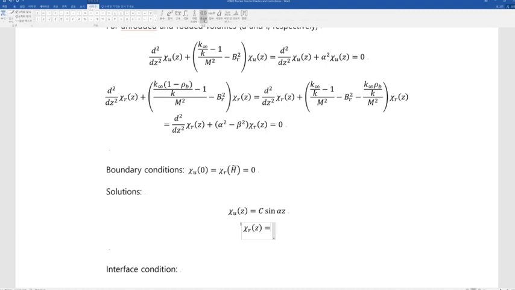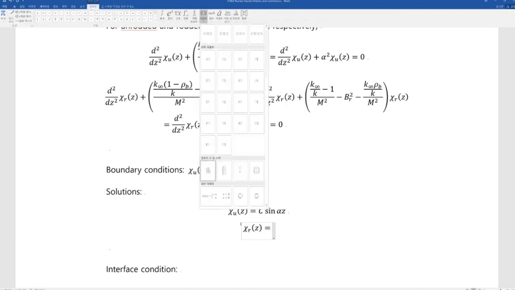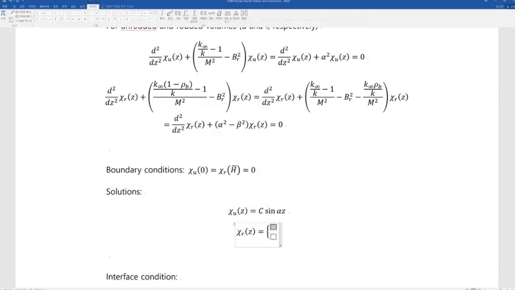So when alpha is bigger than beta, once again we are going to have a sine or cosine function.